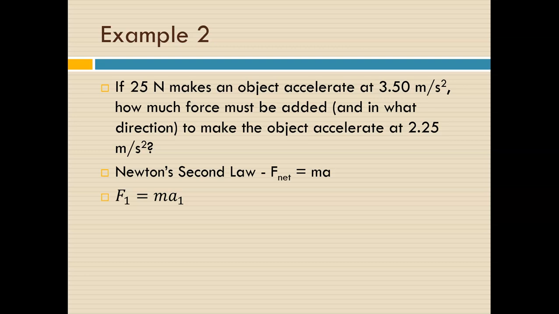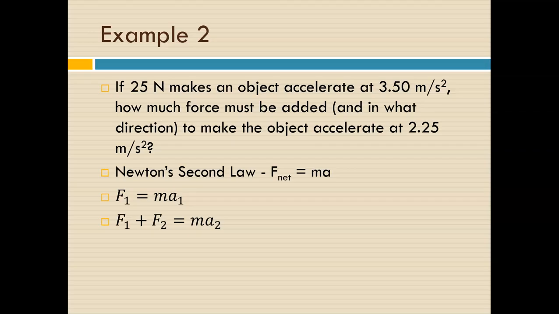Okay. Now in the second case, we're still applying F1, but now we're going to apply a second force, F2, which will cause a new acceleration. I'm not saying we're getting rid of F1. F1 and F2 combined are going to give us our new acceleration, A2. You with me there?